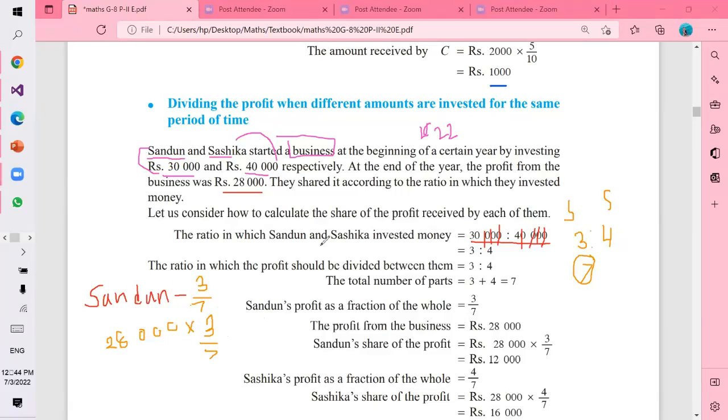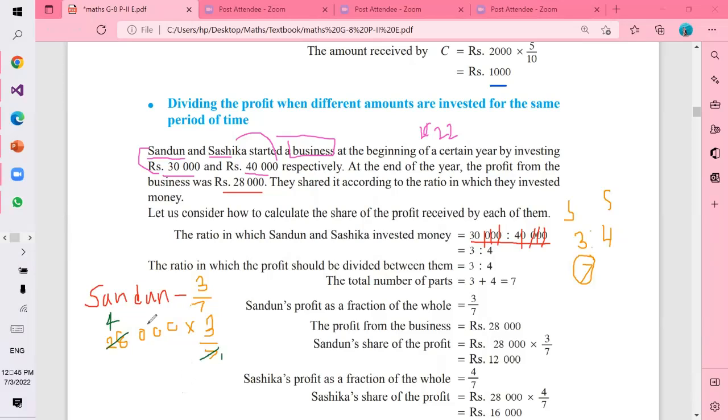Then we can do a simplification with the denominator and this whole number. How do we simplify this? We can cut 7 and 28 for 4. 4,000 multiplied by 3. Yes.